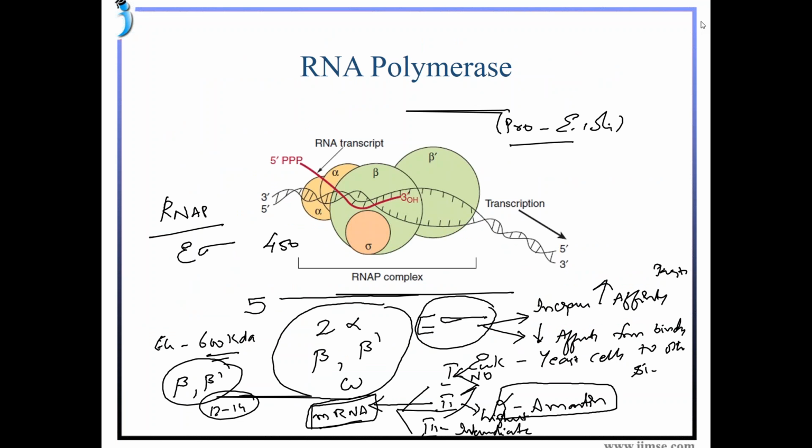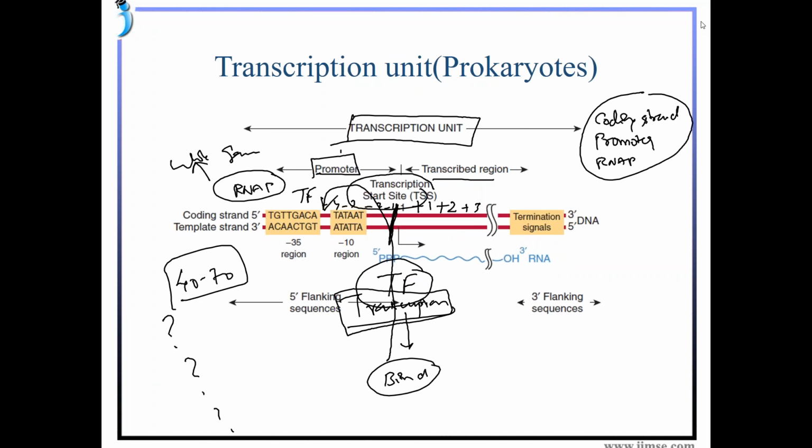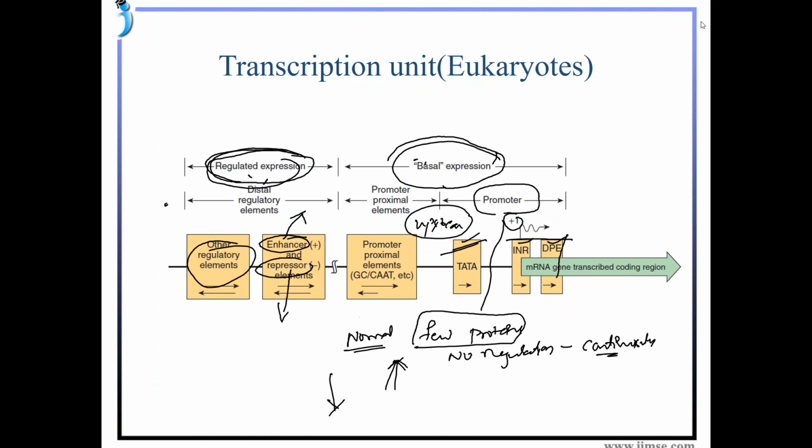Then how you differentiate these three types of RNA polymerase: type 1, type 2 and type 3. And what is the promoter site? That is the TATA box site in the case of prokaryotes, and in eukaryotes it is called the CAT site.